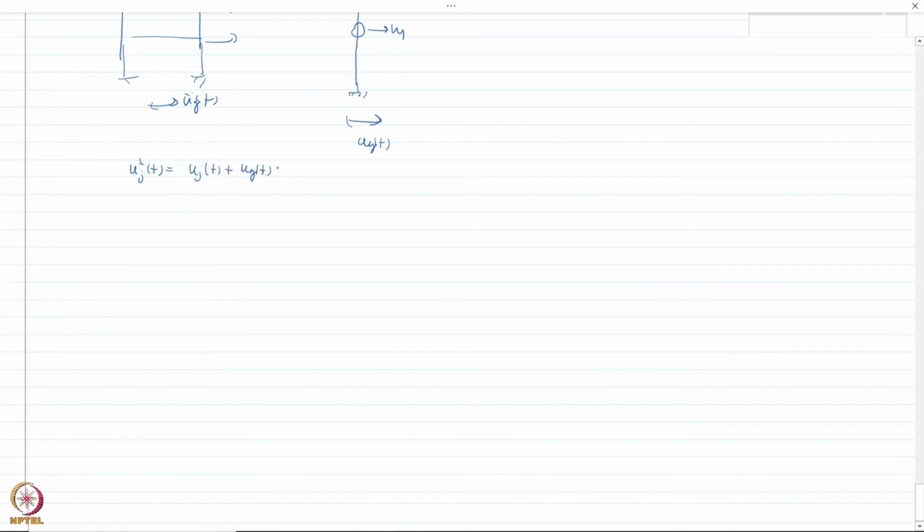And if we write it in terms of vectors, it would be the total displacement vector as a relative displacement plus the ground vector ug.